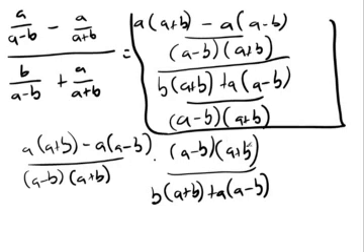We can see that these values are going to factor out: a plus b, a plus b, a minus b, a minus b.